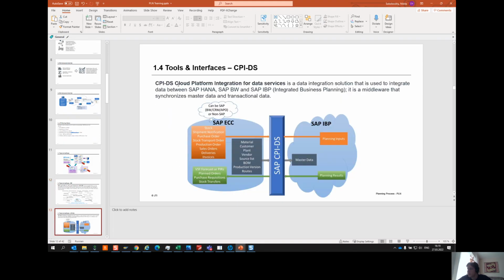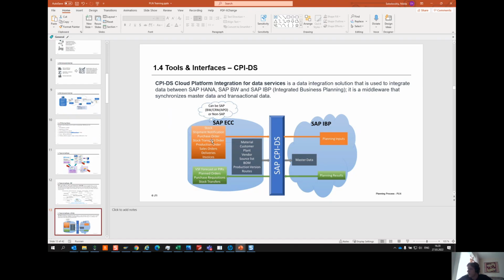Then CPIDS stands for Cloud Platform Integration for Data Services. It is a data integration solution that is used to integrate data between SAP HANA, SAP BW, and SAP IBP. So you can see it is just a middleware, like a membrane between IBP and SAP.